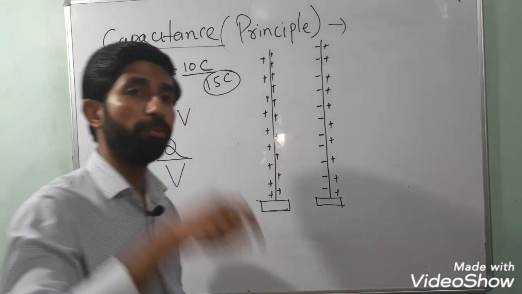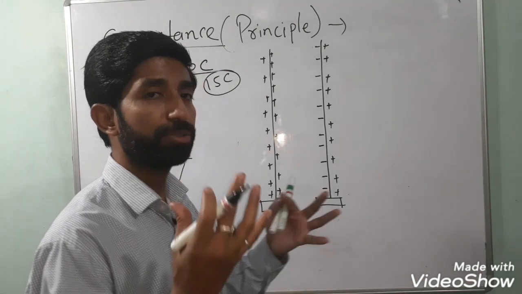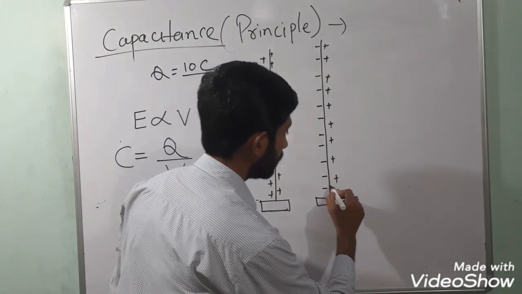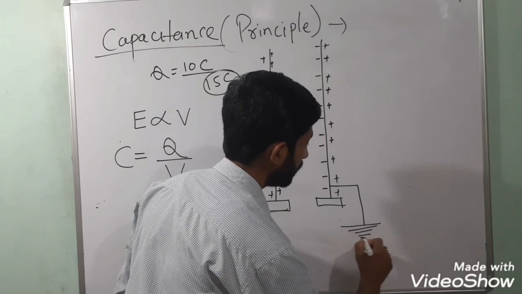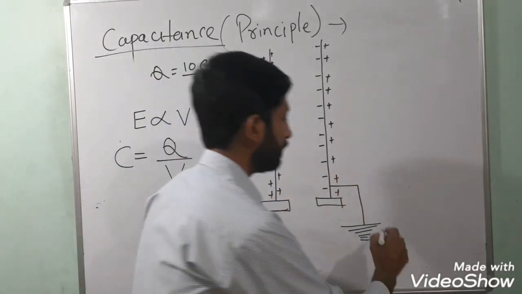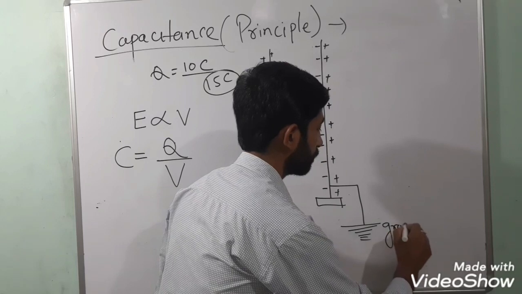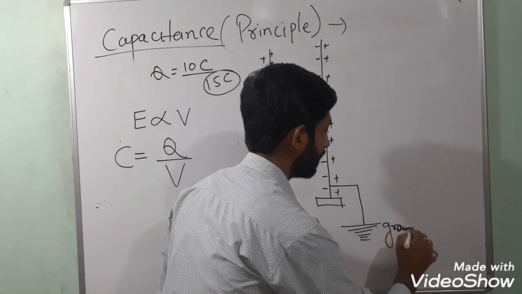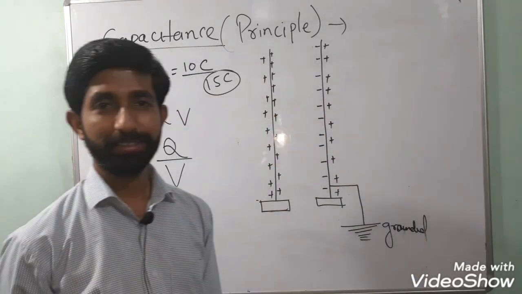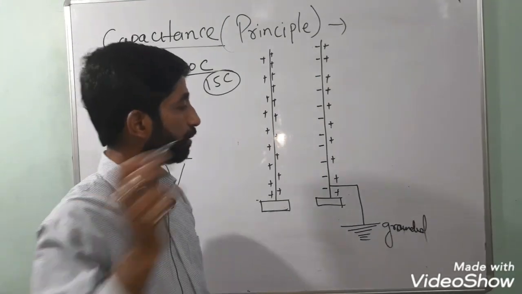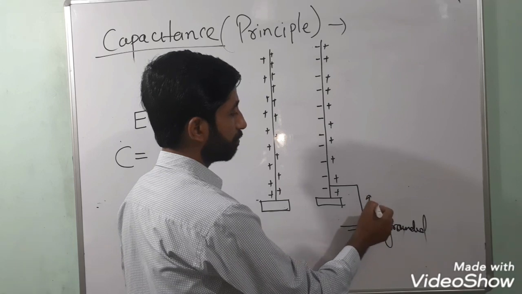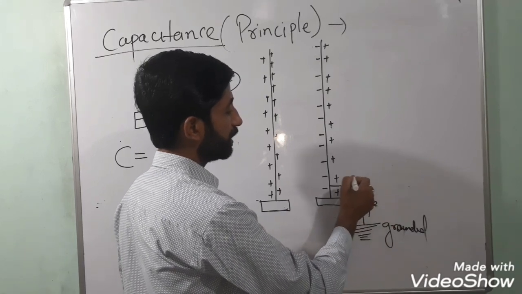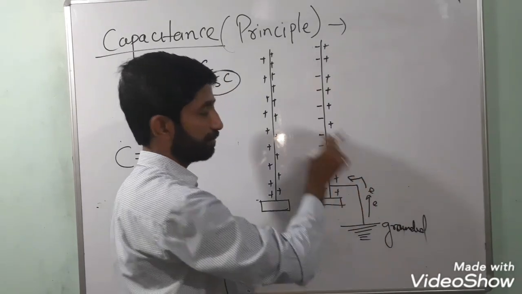Now we have one more trick. You know, there are so many jugaads in physics. Now this side is connected to the earth. Earth means ground. This is grounded. Okay. Grounded means, now what happens? The electrons from the ground come to this positive side and neutralize this negative side.